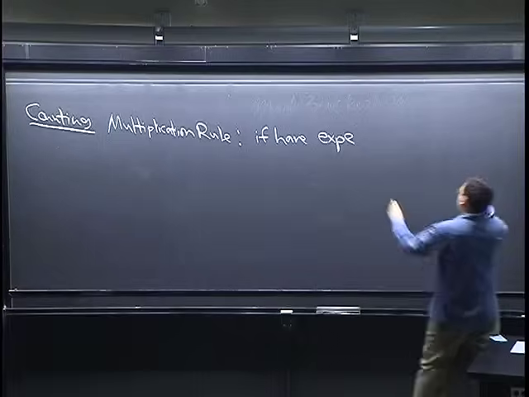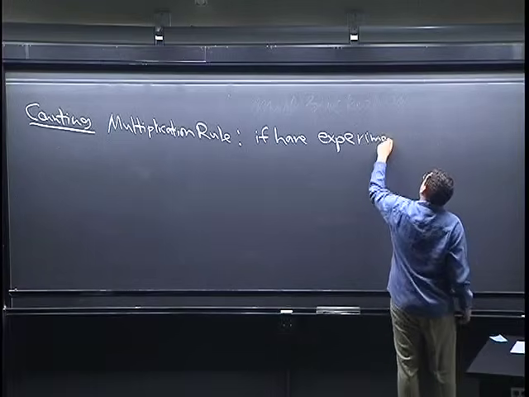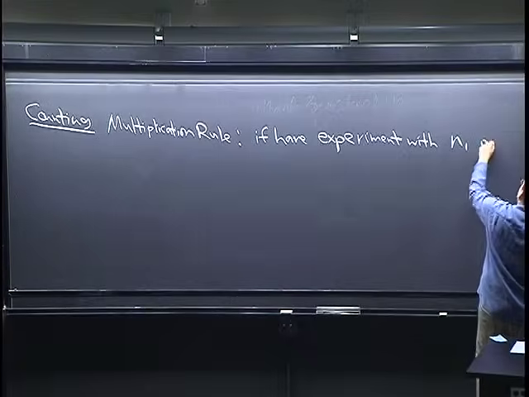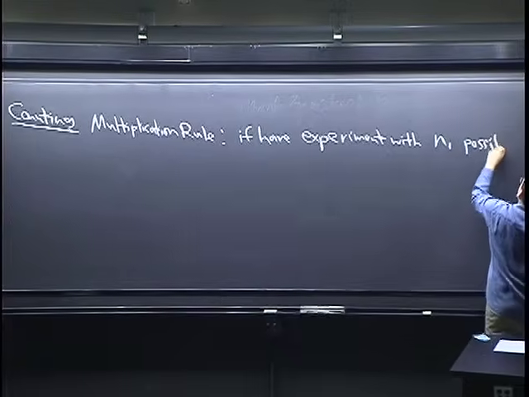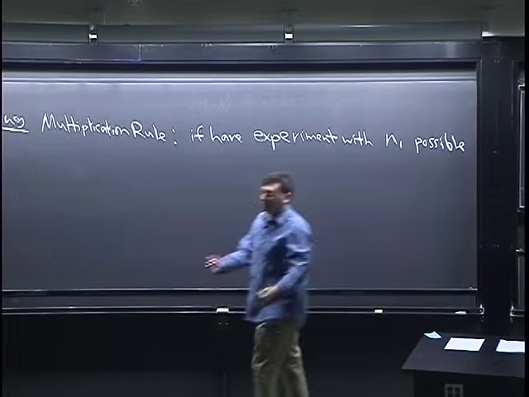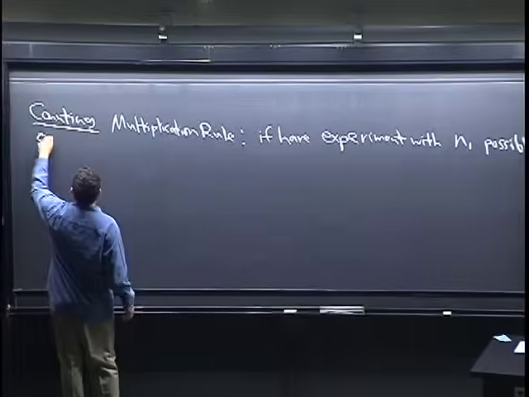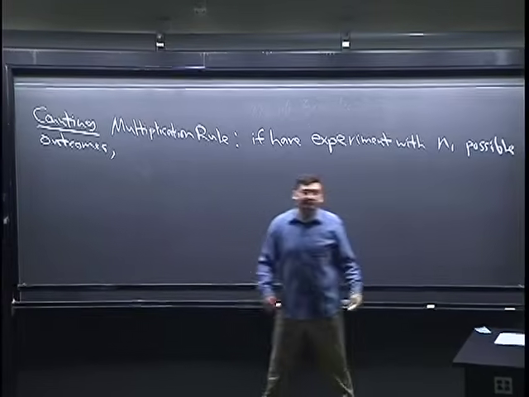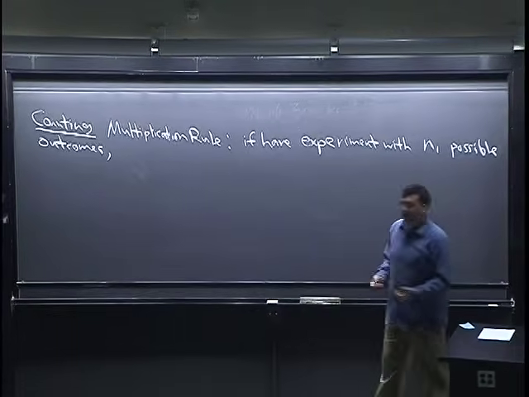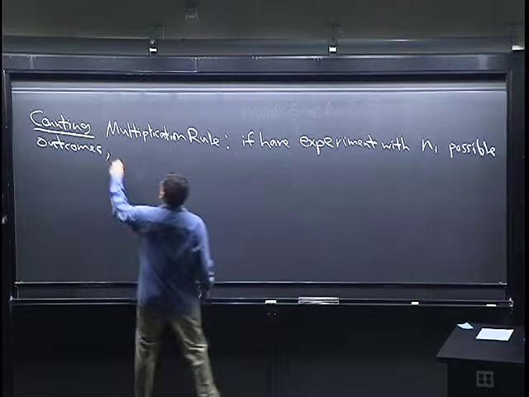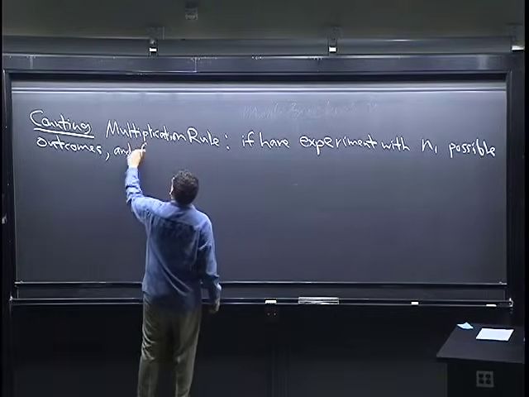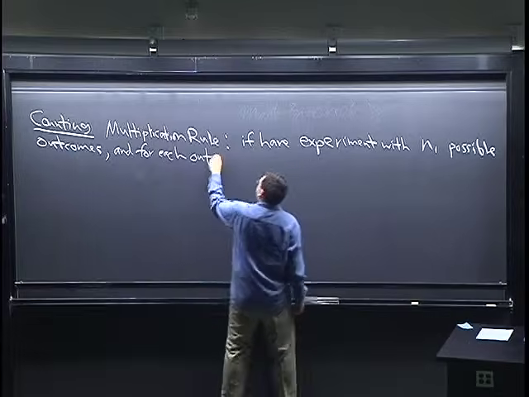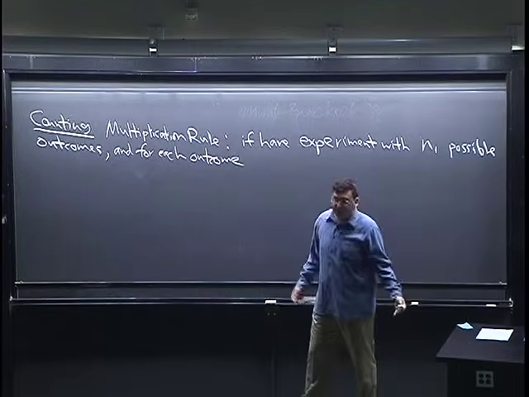So if we have an experiment with, let's say, n1 possible outcomes, okay, so we do some experiment, and there are n sub 1 possible outcomes, and then we do a second experiment such that for each outcome of the first experiment, there are n2 possible outcomes for the second experiment.